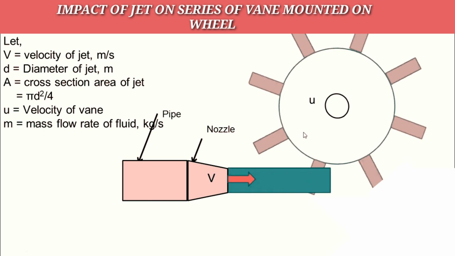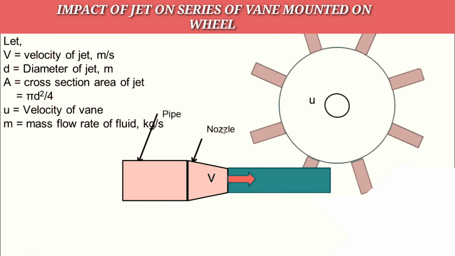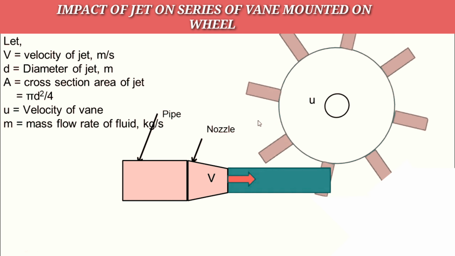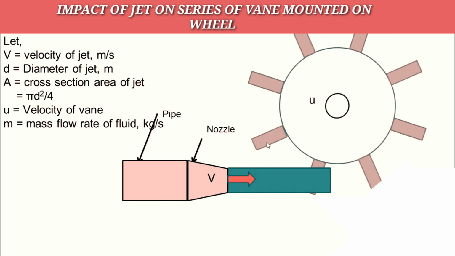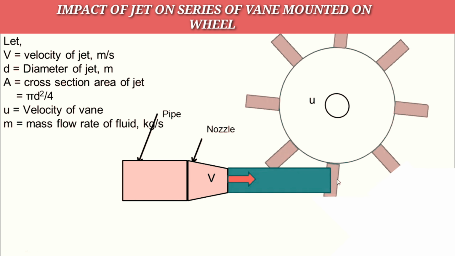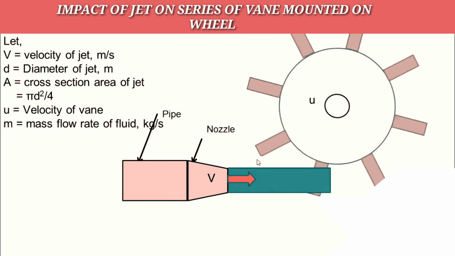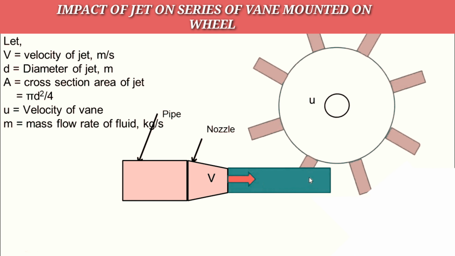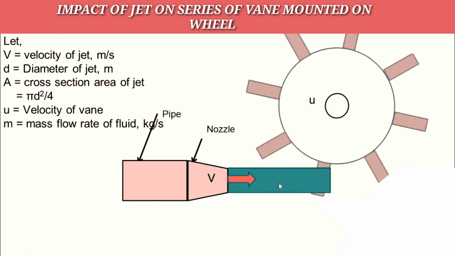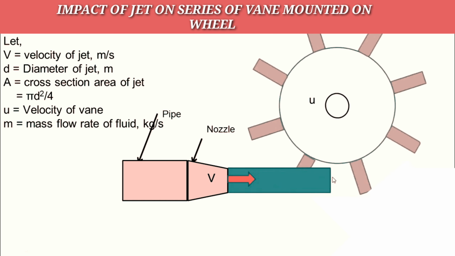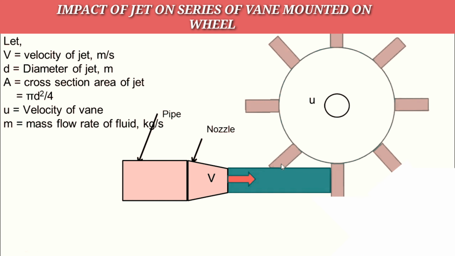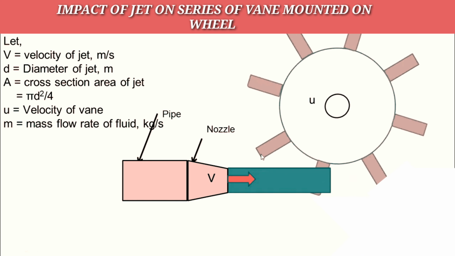So mass per second, in the impact of jet on moving single plate, we have taken as rho into a into vr1, that is relative velocity. But here, since we are dealing with a series of plate, we will take mass per second as rho into a into v1, because here mass of water per second strikes a flat plate mounted on wheel at the same place when plate is exactly vertical.